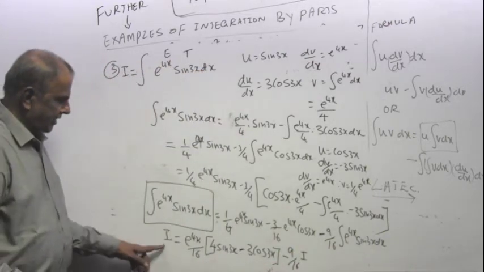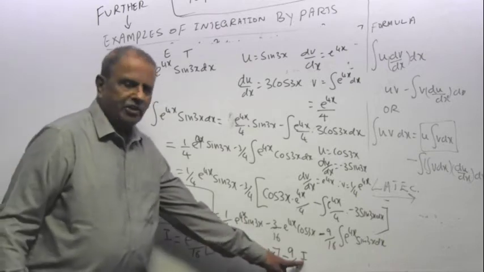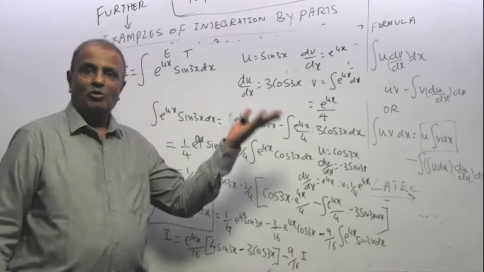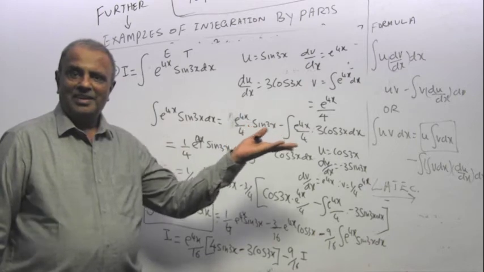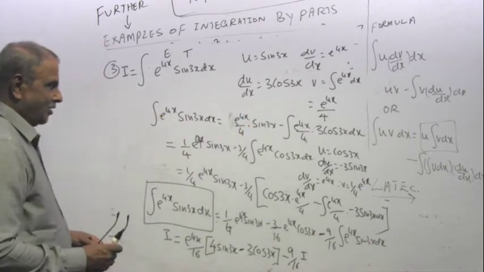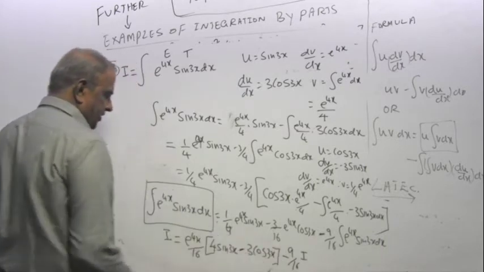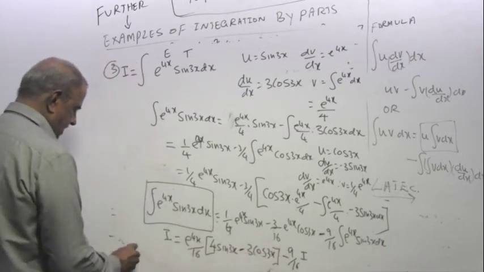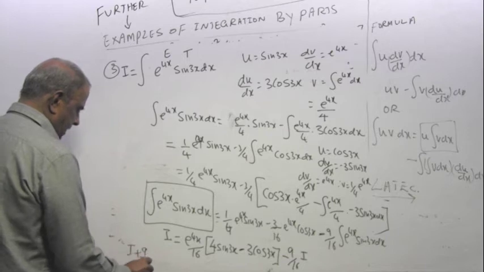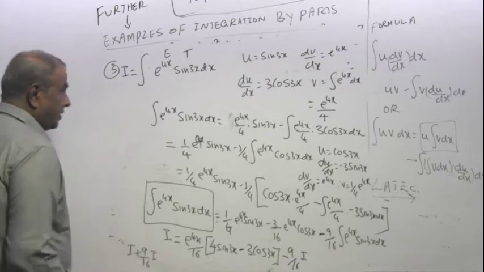There is an I on the left, there is an I on the right. What can I do? Group the I's. So what happens when you group them? 1I plus 9 over 16I.